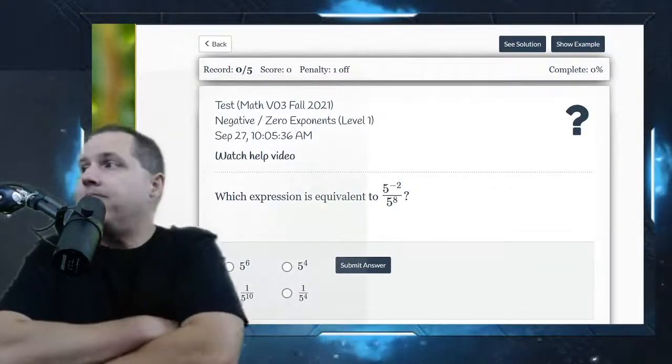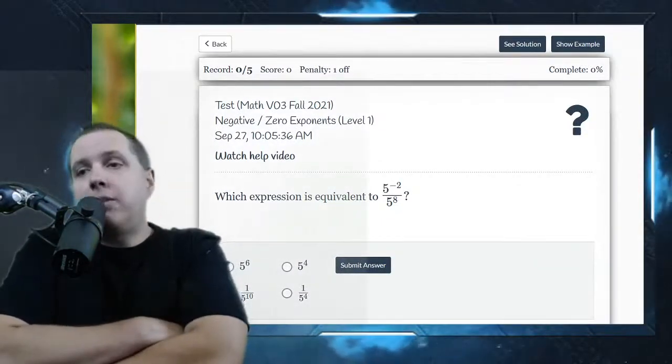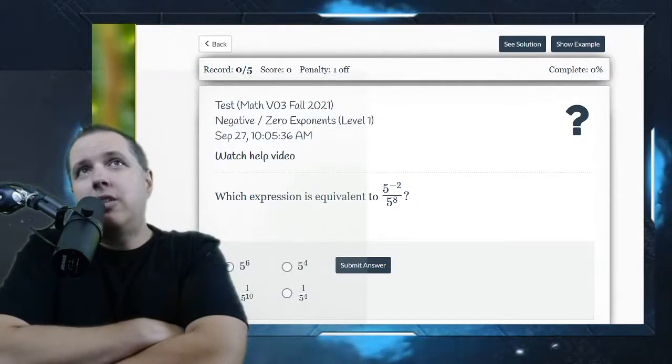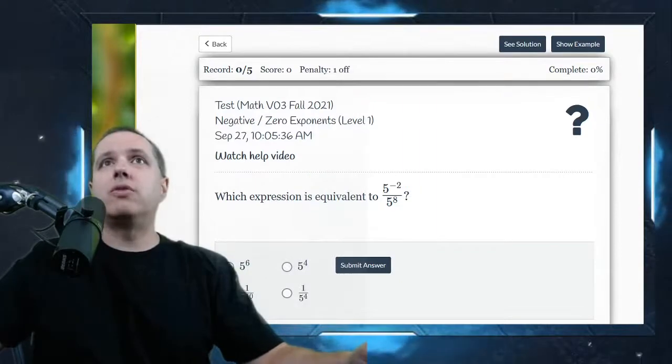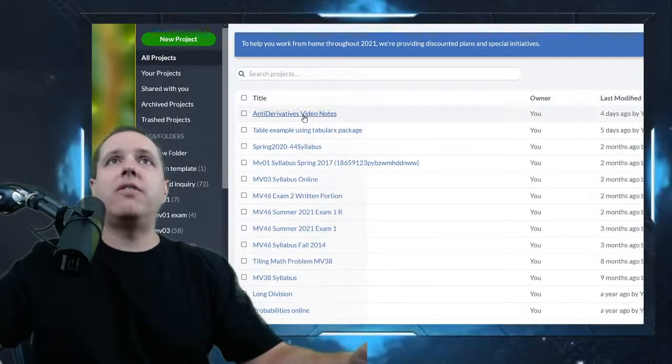Okay, great. So negative exponents, what would we do? Let's go ahead and write this one on the other screen. So how would we do this? 5 to the negative 2 over 5 to the 8th.